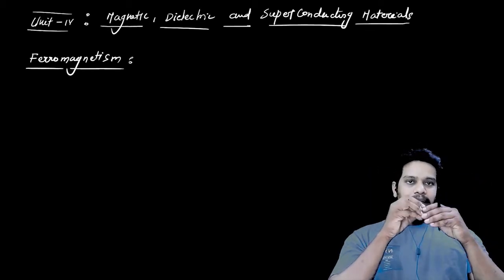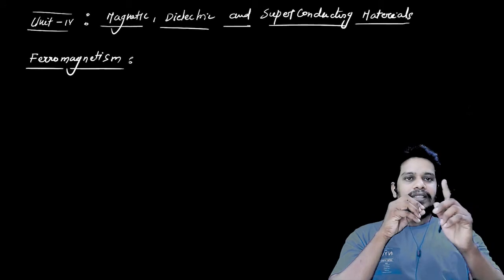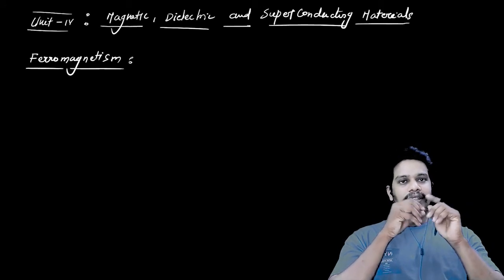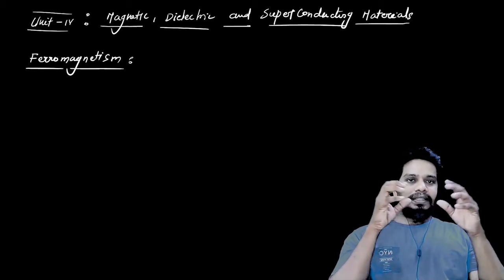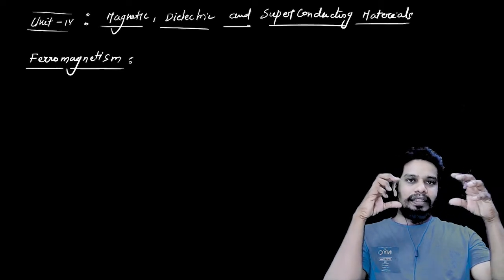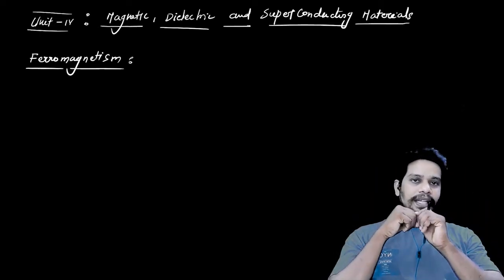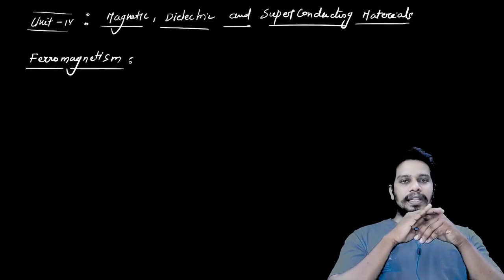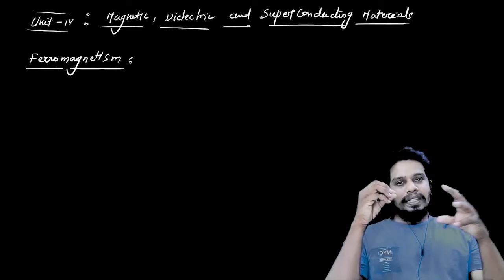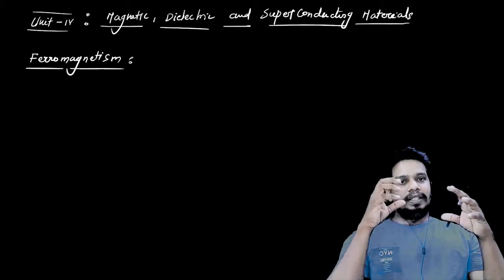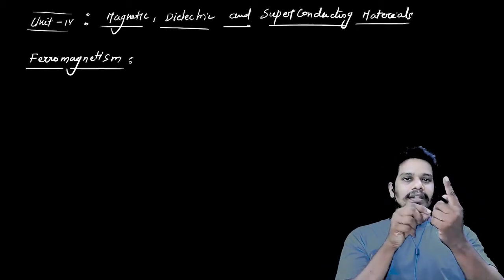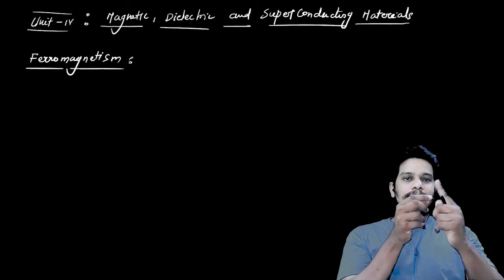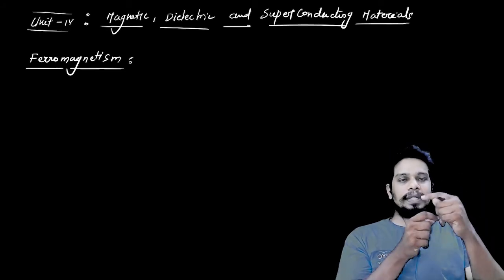Similarly, in the paramagnetic material, the atoms have single unpaired electrons. Those materials are called paramagnetic material. If you apply the external magnetic field, the spin of the single unpaired electron is aligned in the applied field direction.